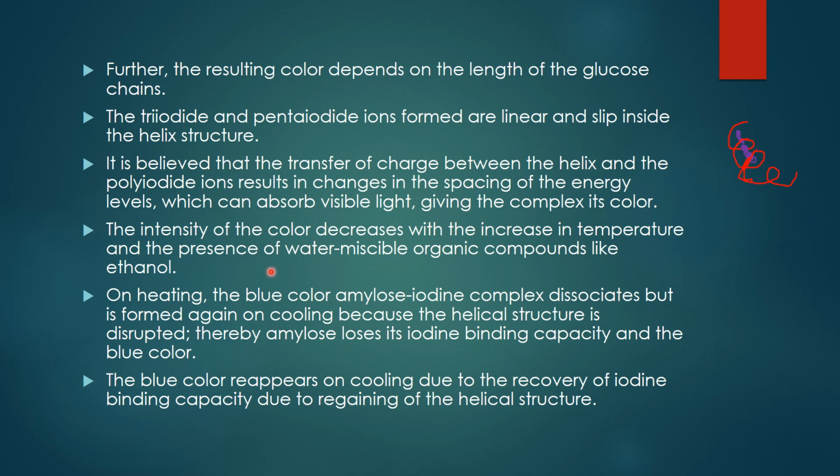Okay, on heating, the blue color amylose iodine complex dissociates. As I said, it's just repeating for the explanation. On heating, the blue color amylose iodine complex dissociates but is formed again on cooling, because the helical structure is disrupted. Thereby, amylose loses the iodine binding capacity and the blue color.